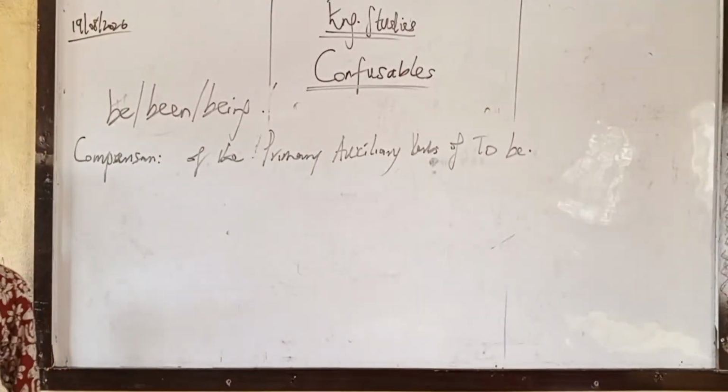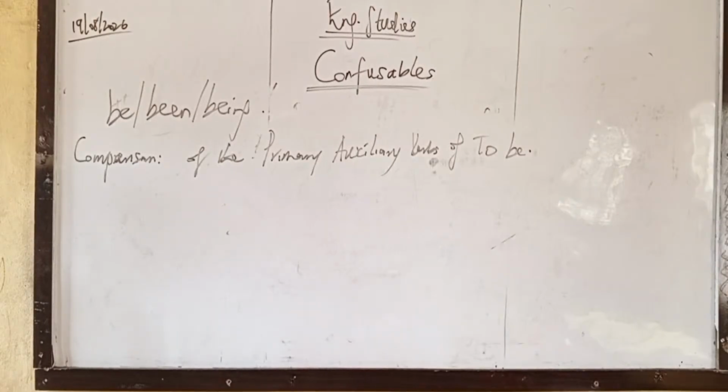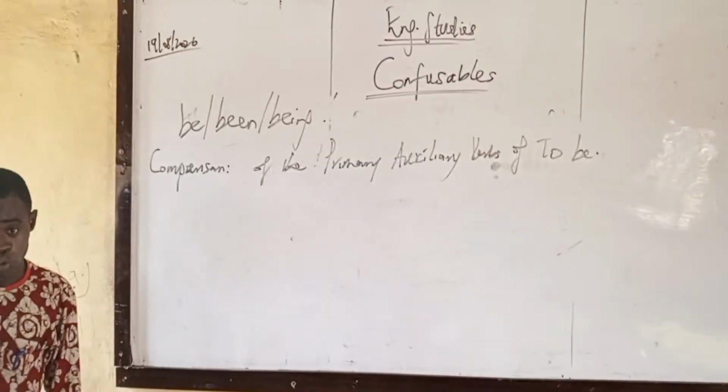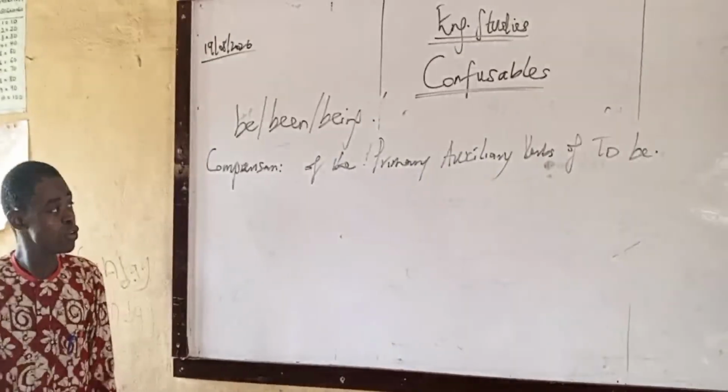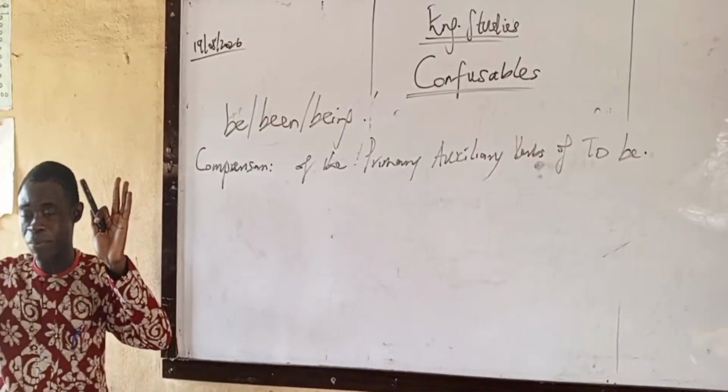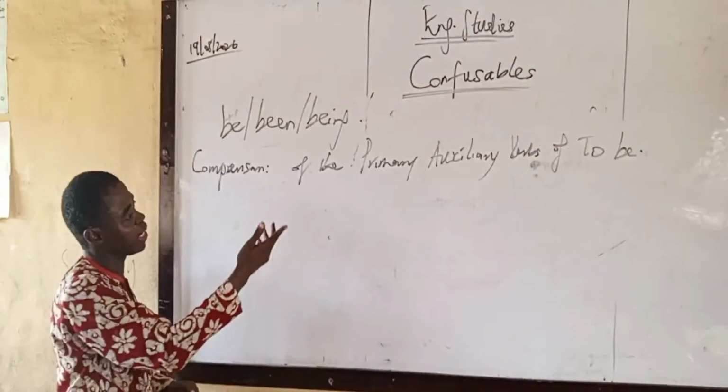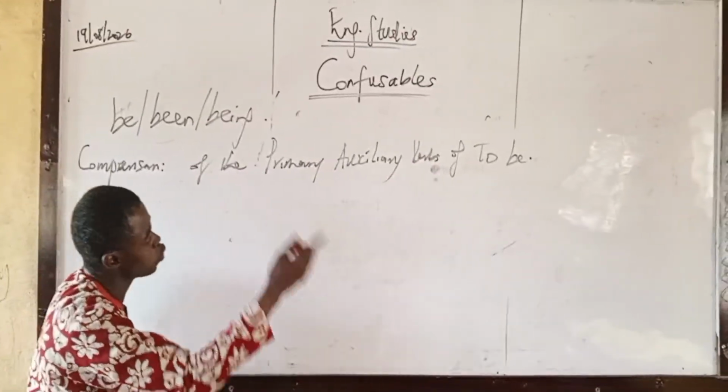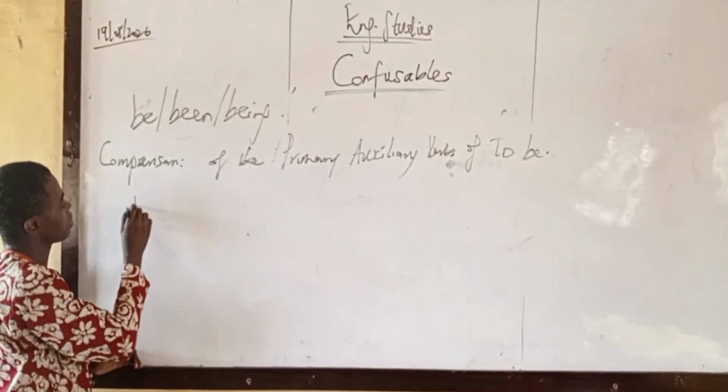The primary verbs are divided into three. They have verbs to be, verbs to do, and verbs to have. So they are part of that. Now look at the comparison. They are the primary verbs of to be. Bring it down. Be.